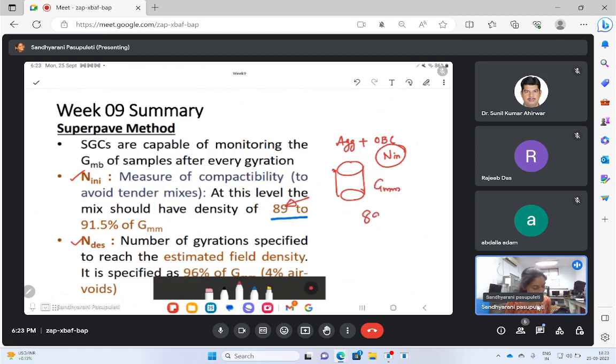If the solids are 89 out of 100, if I remove this 89, the remaining 11 will be the air voids. And if you see here, around 9.5 will be the air voids. Why do we need to check this initial condition? Here we are actually checking the compactability of the mixture.